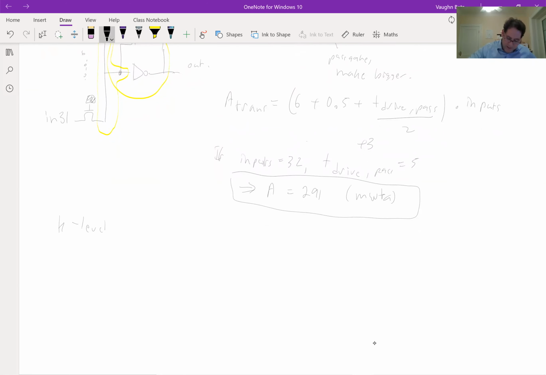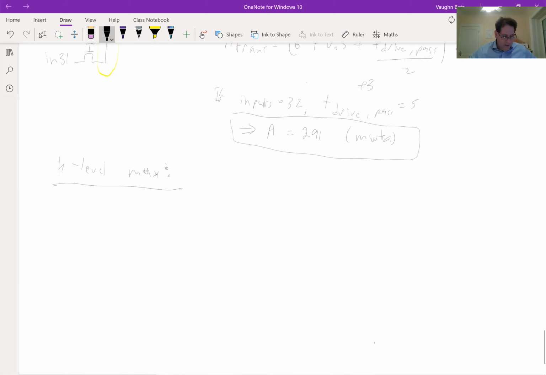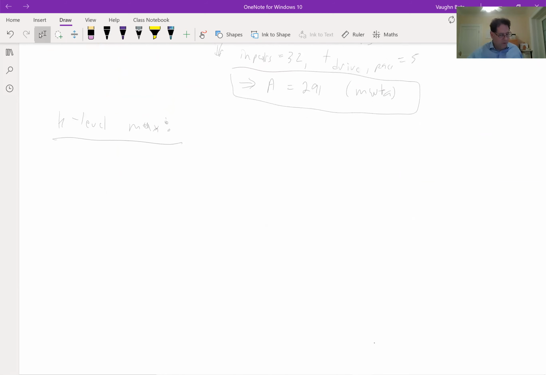So let me look at the other extreme. We looked at one level. Now let's look at K levels, so a K-level mux. If I'm doing 32 inputs, then I could do this in 5 levels of muxing if I wanted. That's the most levels that makes sense. So let's draw what that is.